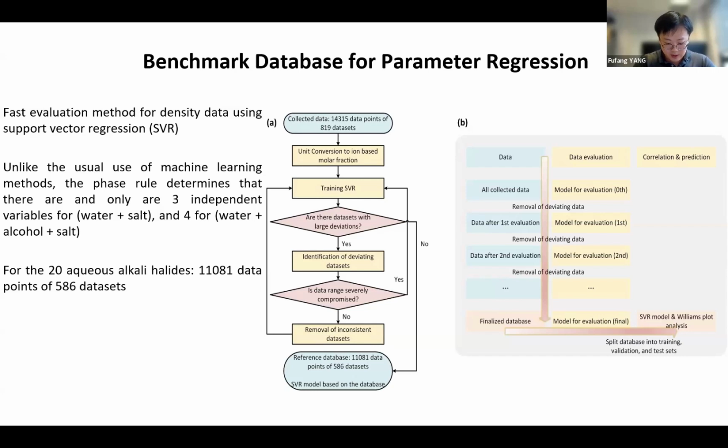And this is not to do any prediction. We are just doing this because in thermodynamics, we know how many degrees of freedom there are. So we can use temperature, pressure, and composition as the input variables. And then if the data are of small error, they should just agree with each other and agree with this correlation.